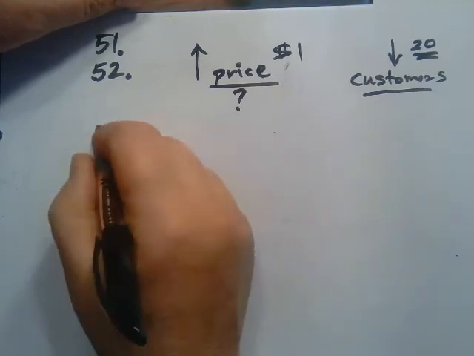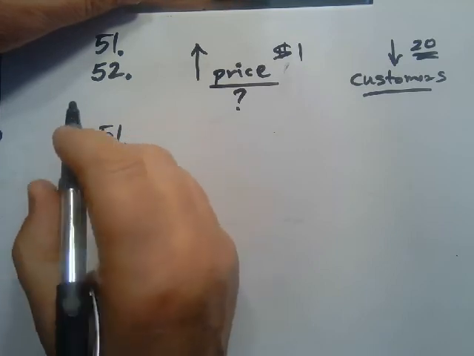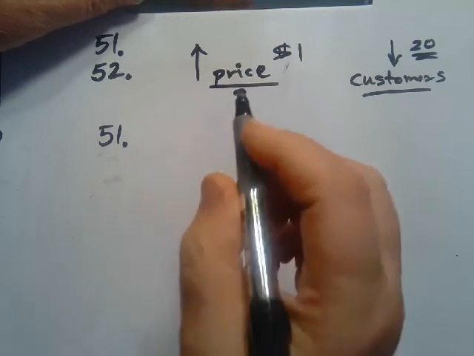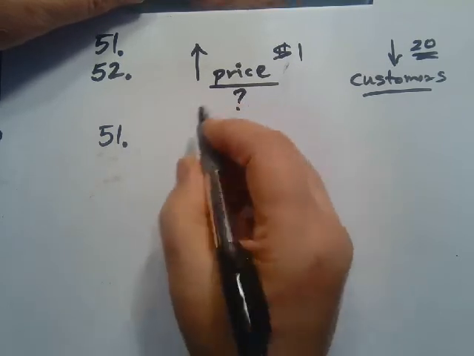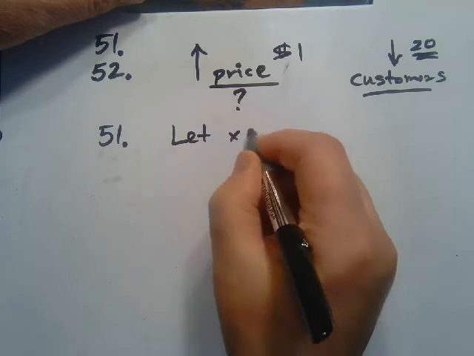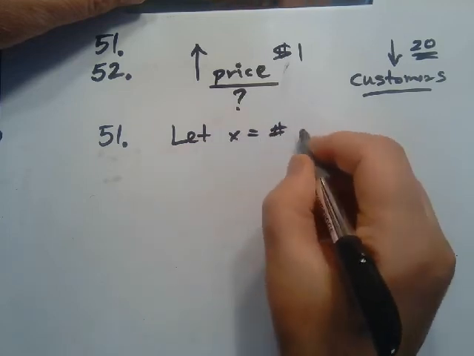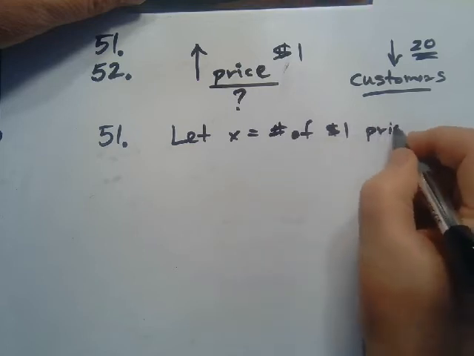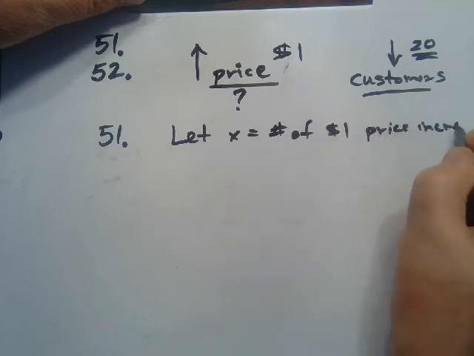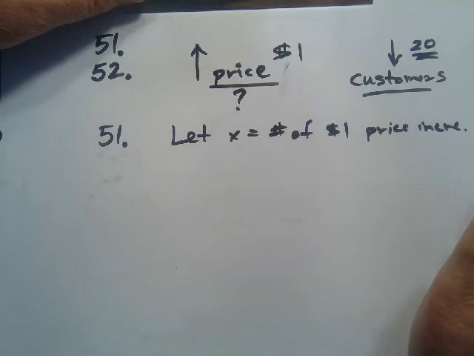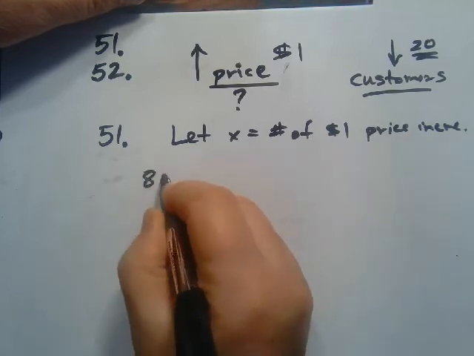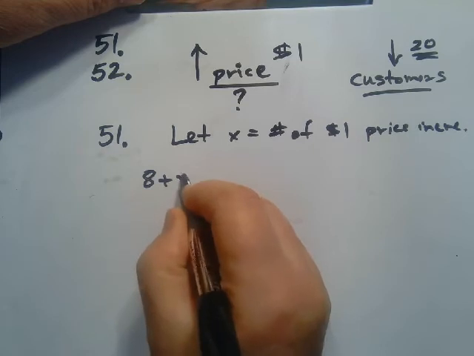So number 51 says, what charge would give the most income for the company? Well, what we need to realize is that if we let x equal the number of $1 price increases, currently he's charging $8 plus those price increases.